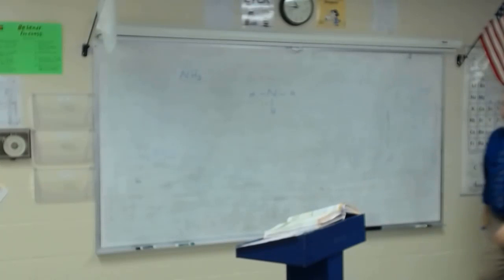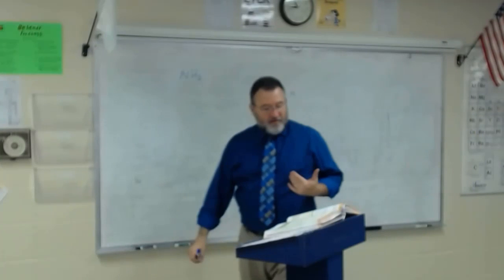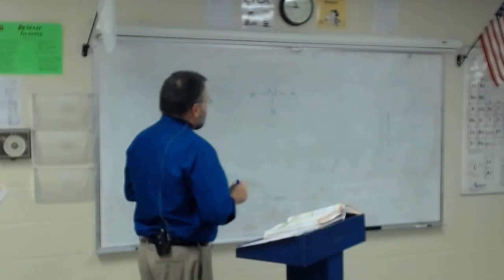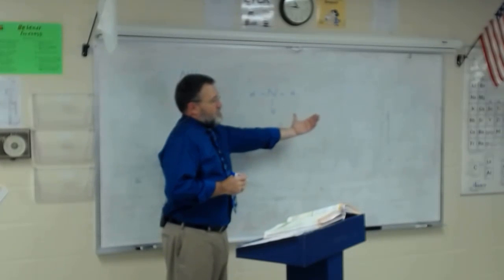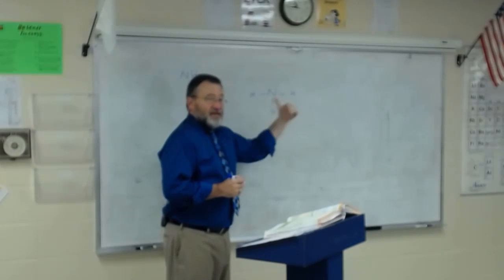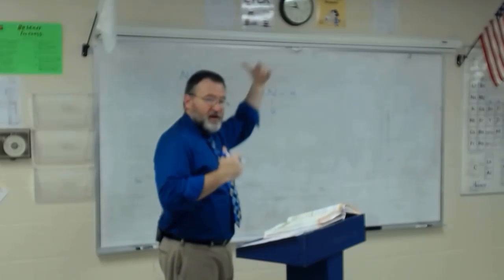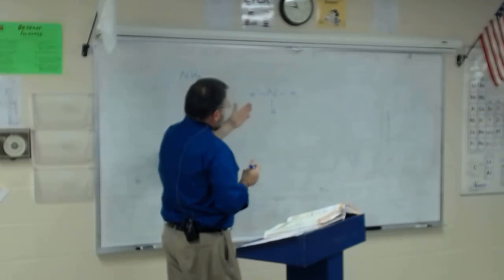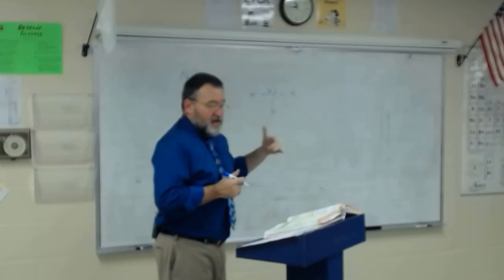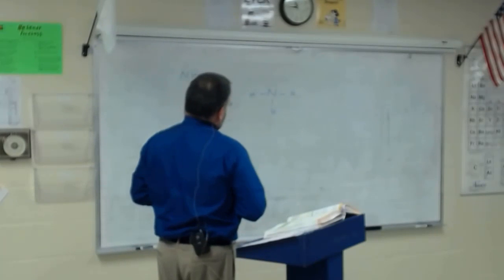Okay? So in this case, the electrons are going to tend to be towards the nitrogen. Yes, hydrogen is higher. Nitrogen is way farther to the right, and that overwhelms the highness from one column. So we're going to say that the electrons here are going to tend towards the nitrogen.